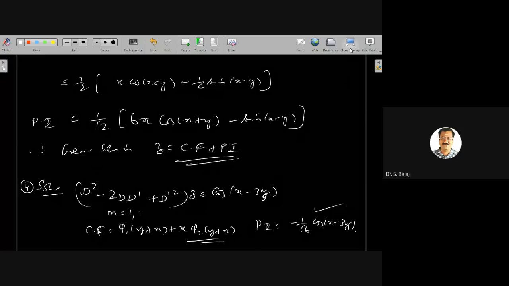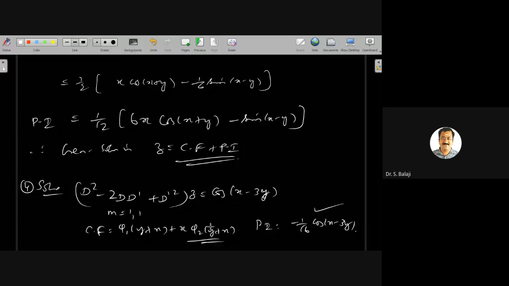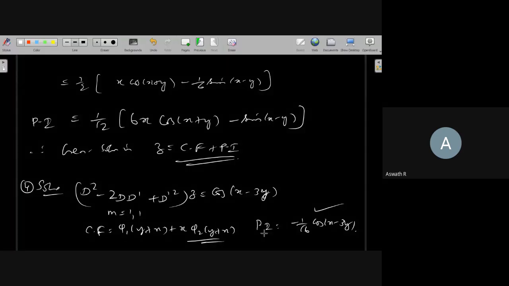I think everyone is getting the same answer. Your roots are equal, therefore you can write phi 1 of y plus x into phi 2 of y plus x. Particular integral equal to minus 1 by 16 of cos of x minus 3y. That manner I can write.